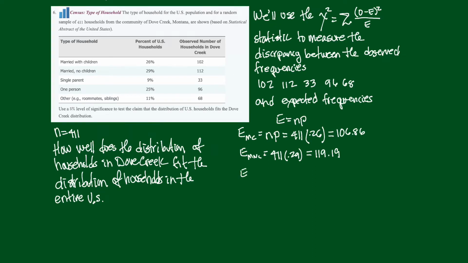Now, the expected number of single parent. Well, we still have 411 observations, right? We're observing 411 households from Dove Creek. And in the U.S., it says that 9% are single parent, so this should be 0.09. And computing, I get 36.99.